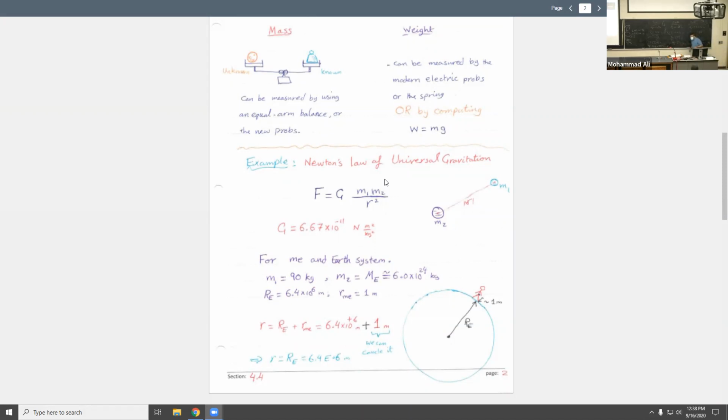So if you are jumping on Earth, if you jump for 1 meter, this force, what you put to jump this distance, will make you jump 6 meters, not just 1 meter, because the gravity on the Moon is much less than the gravity on Earth.